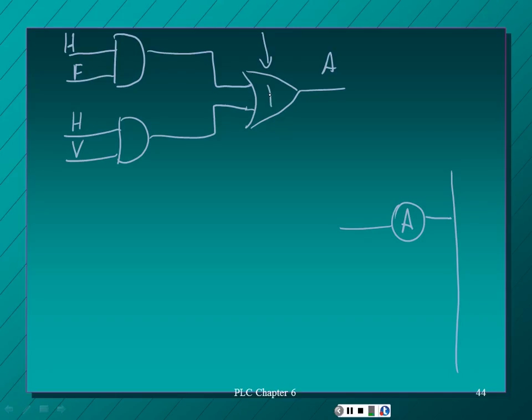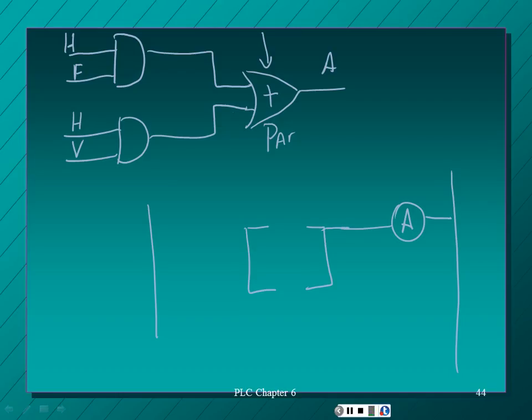Addition. What kind of circuit does OR represent? Parallel. So that tells me I've got an OR gate with two legs. That tells me at some point down here I'm going to have two parallels. I don't know what's in them yet, but I'm going to have two parallels.